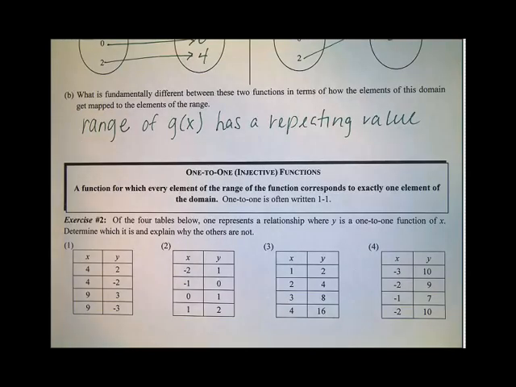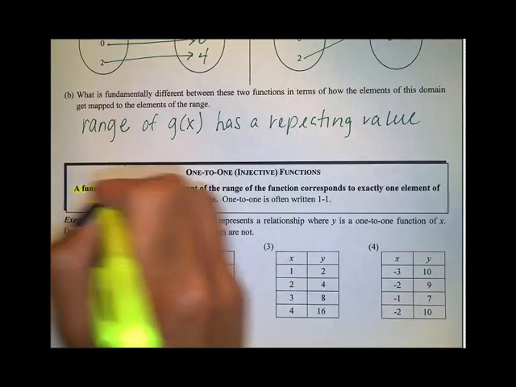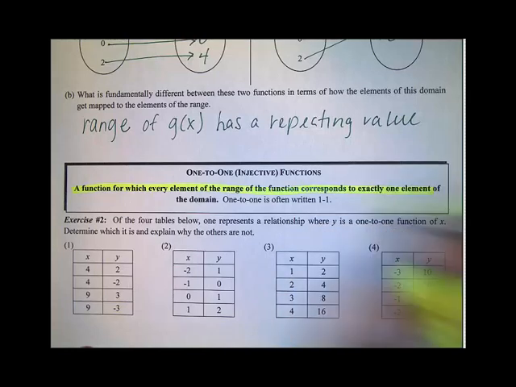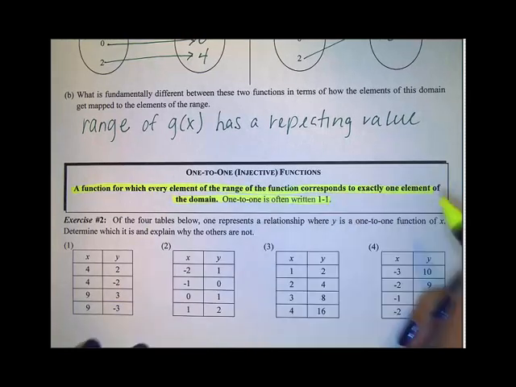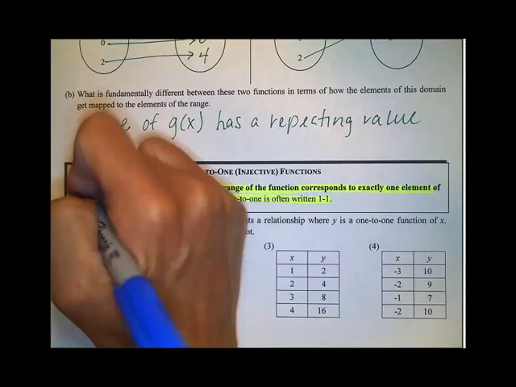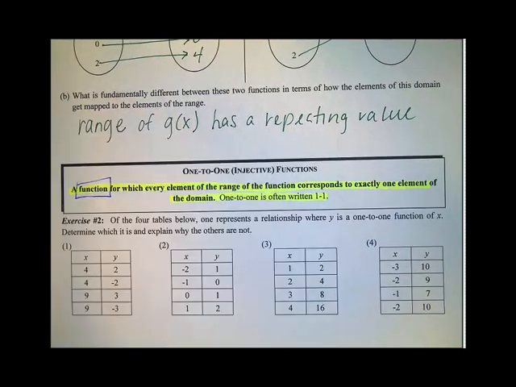A function for which every element of the range of the function corresponds to exactly one element of the domain. One-to-one is often written 1-1. Notice it has to be a function. So in order for it to be a function, each x has to have only one y.